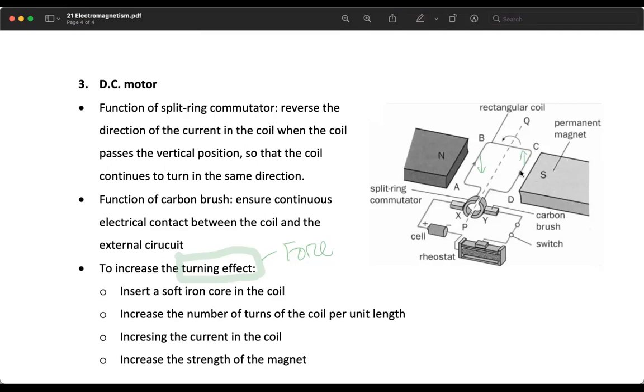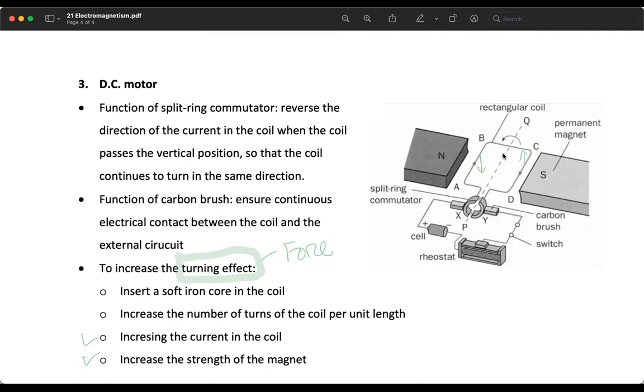So the last 2 points are common sense. I'm sure you don't need to memorize. What you need to understand is, if I put the iron core inside here, you also increase the force. Number two, instead of one coil, we do many coils, you also increase the turning effect. Is that clear?